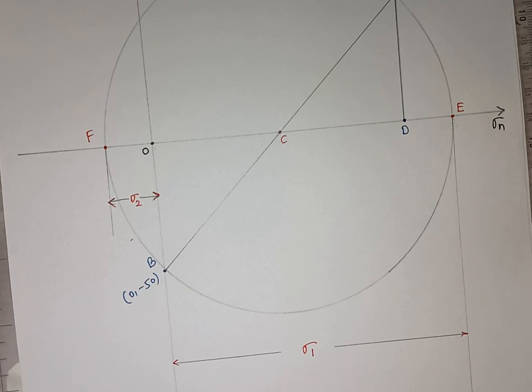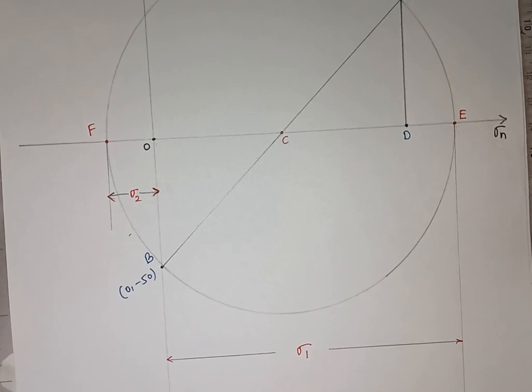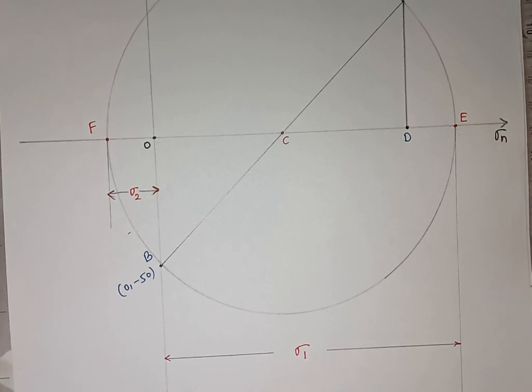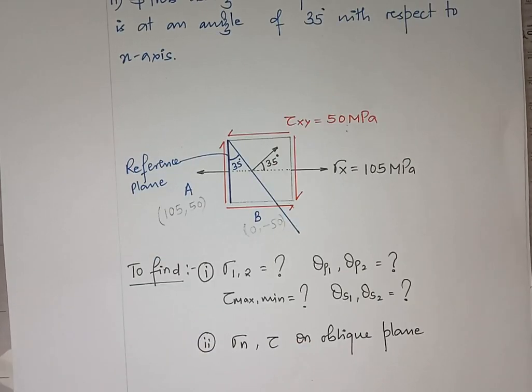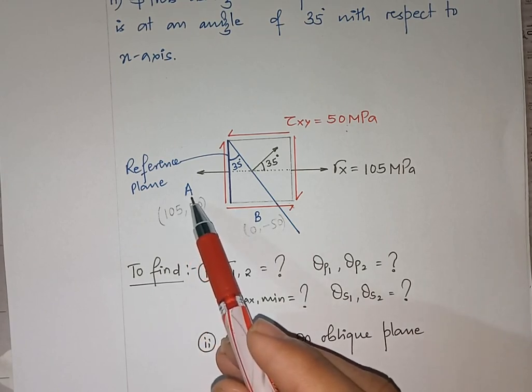How we are going to mark that oblique plane? In order to mark that oblique plane, you need to consider the reference plane. So if I go back, let me check out what was my reference plane. Okay, now you can check it here. My reference plane is A. Right?